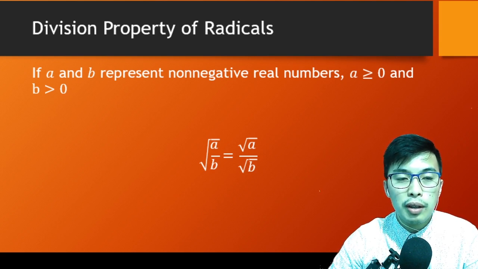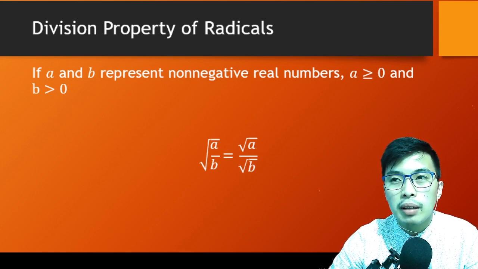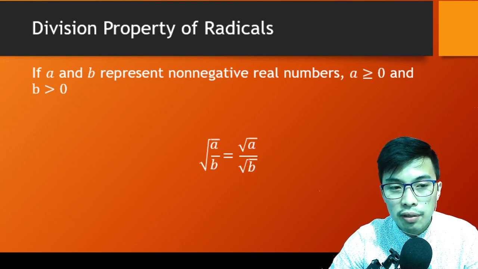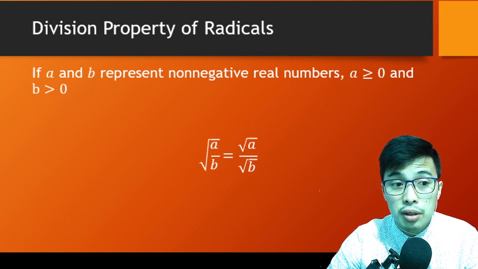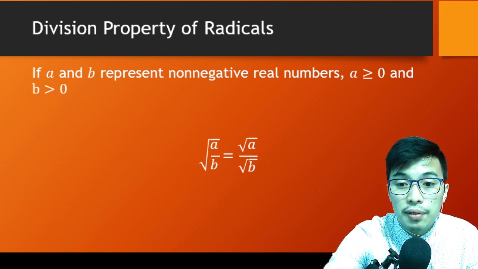Okay? Kasi kapag yung B is equal to 0, hindi na siya pwede because any number that is divided by 0 is undefined. Lagi yung tatandaan. Yung B dapat greater than 0, and 1 or until to the positive infinity.